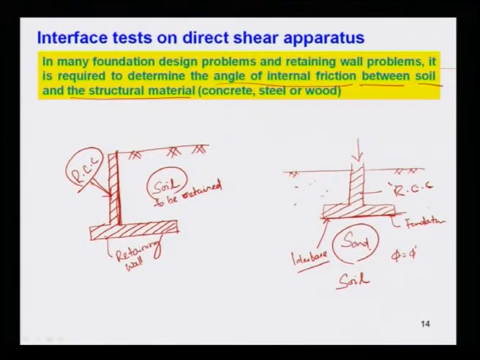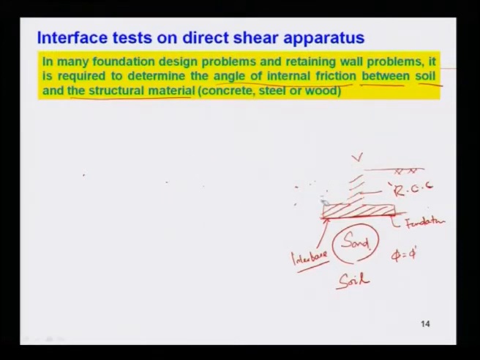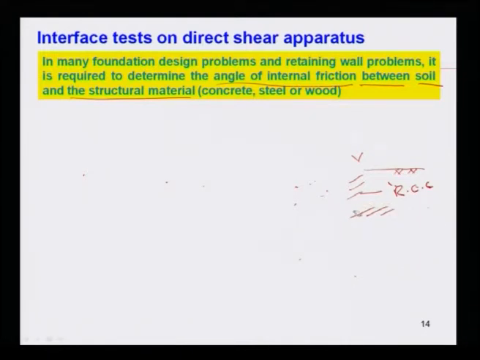It may be concrete, it may be steel, it may be wood. So, how am I going to find this interfrictional angle between the structure and the soil? By means of direct shear test, you will find the interfrictional angle between soil and the structure.